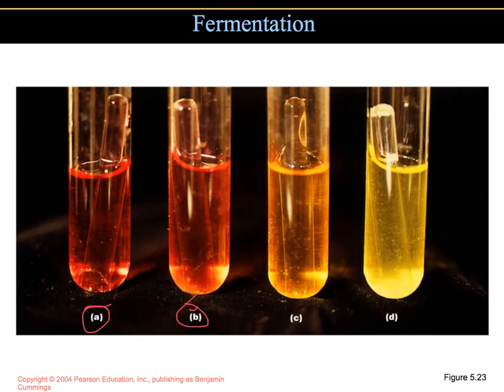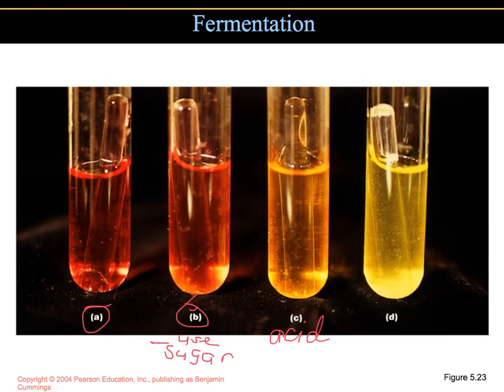In C, we can see Staph aureus. This produces acid, but it doesn't produce gas. So we know that it produced acid because of the color that it turned, but there is no bubble. So we know that it did not produce gas.